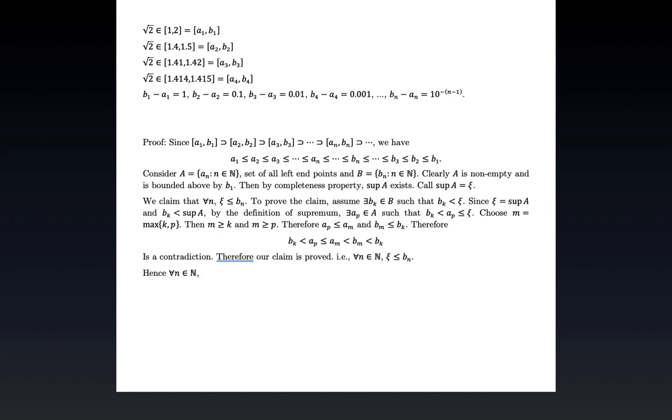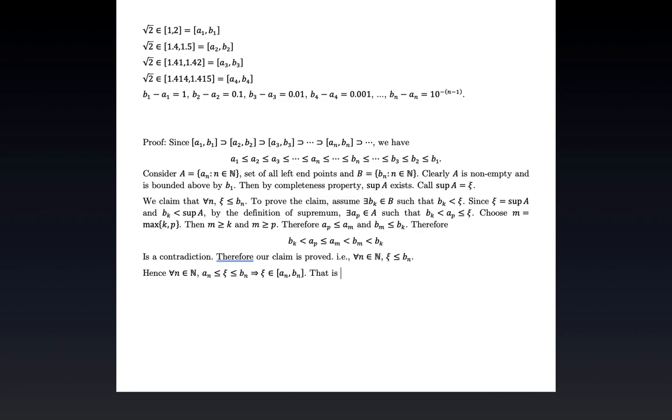So hence we can write that for all n, An is smaller than or equal to xi, which is smaller than or equal to Bn. This happens for every n. That implies xi belongs to [An, Bn].